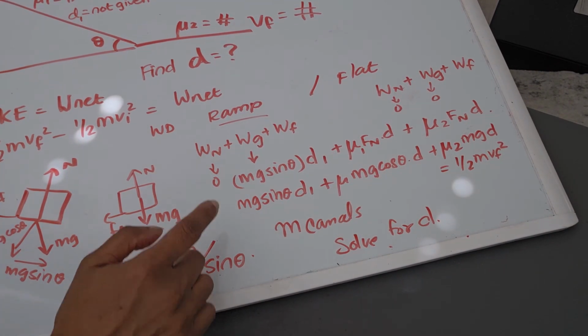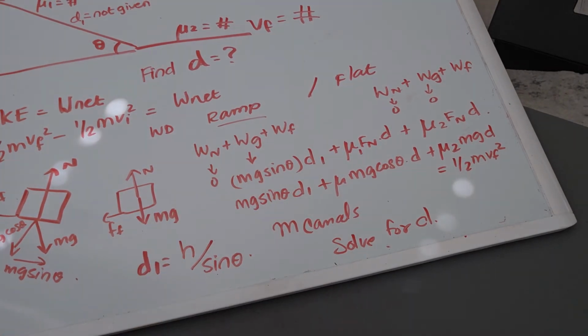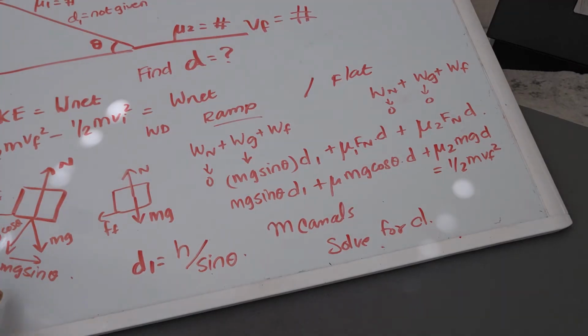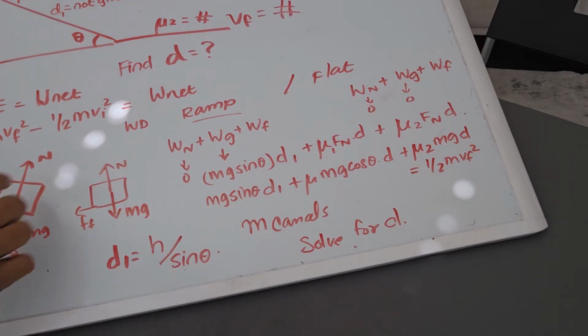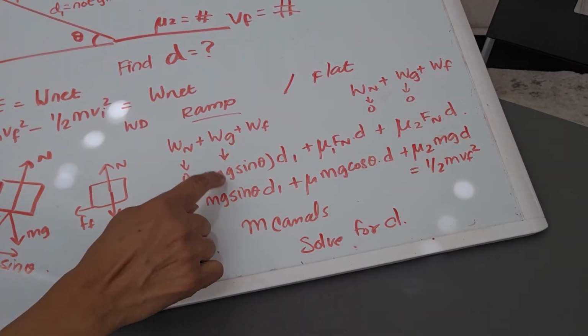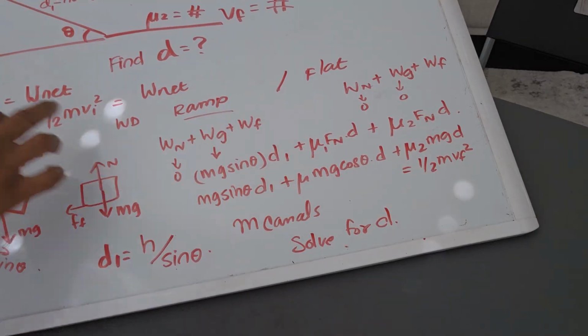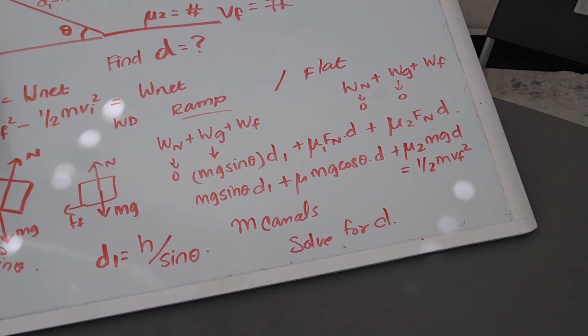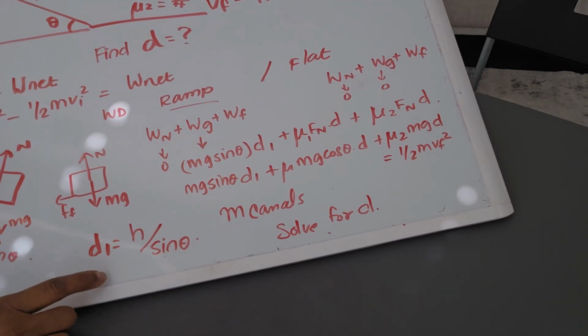And if you split your W G, we have two components, mg cosine theta and mg sine theta. Mg sine theta is the component parallel to the direction of motion, so it will contribute to work done. The d1 is not given, but you could use trig by doing sine theta equals opposite over hypotenuse, which is your d1, and get it here.